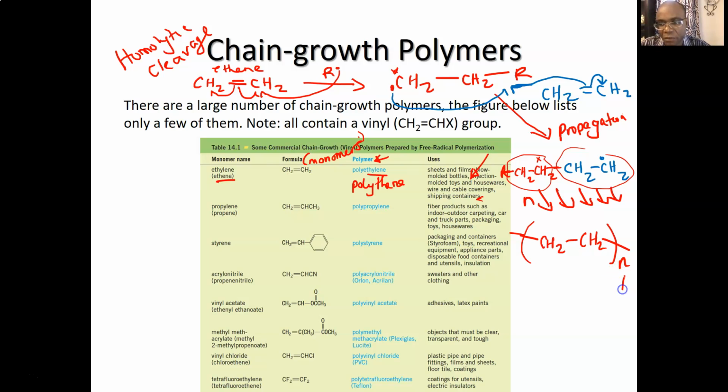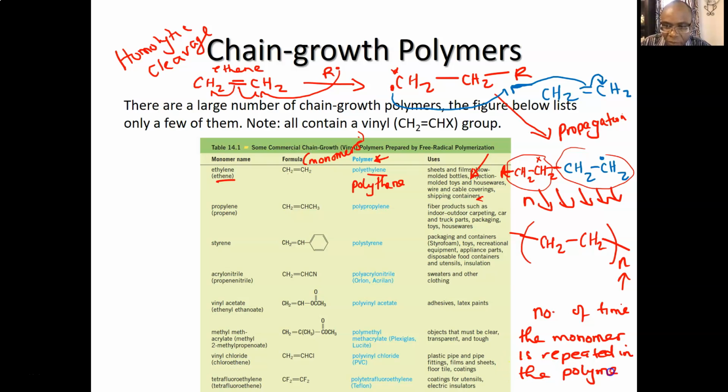Okay, so n is number of times the monomer is repeated in the polymer. In other words, n represents how many monomers were used to make the polymer. So this is a polymer called polyethylene because it came from ethene.